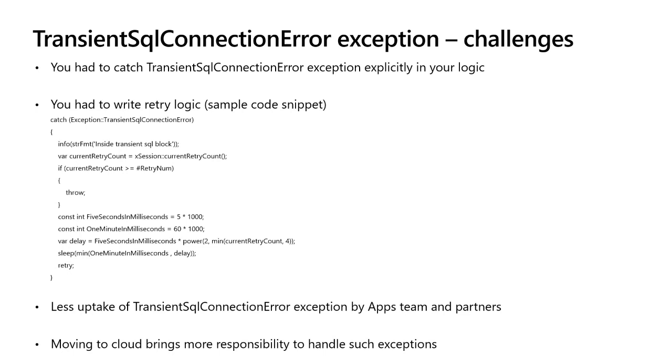And there could be a valid reason behind it, because if you want to use this exception in your code to handle any SQL transient failures, you need to put in your own logic to catch that exception and then put in your own logic for the sleep, how long you want to retry, and how many times you want to retry. That logic you need to put in your code, and maybe that's one of the reasons that adoption is not as high as we were thinking.